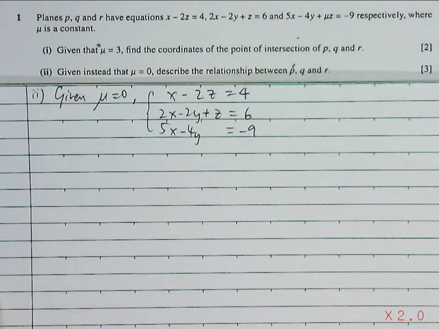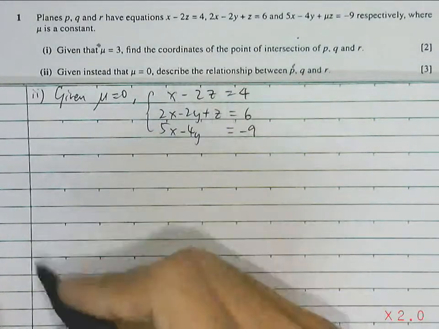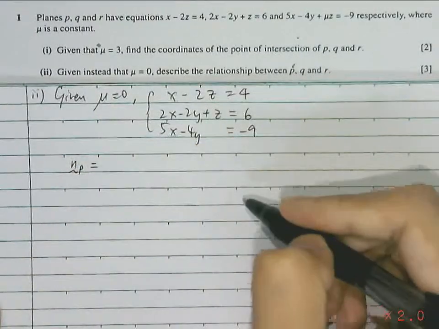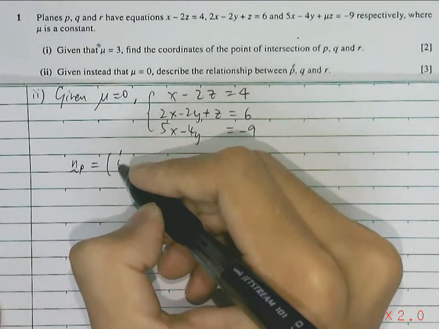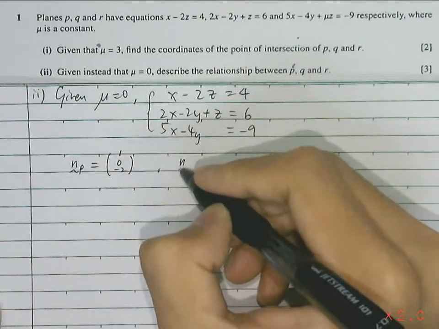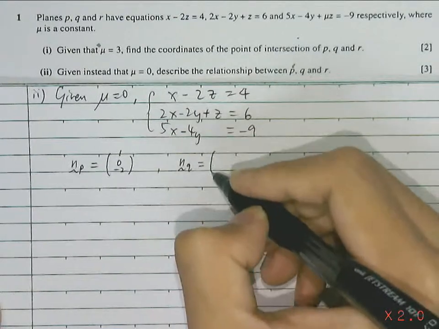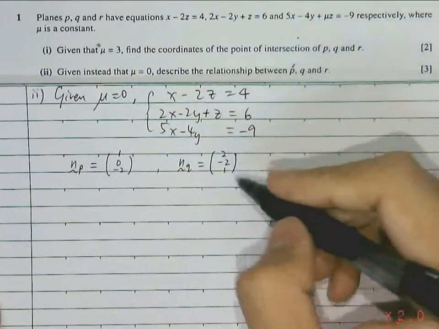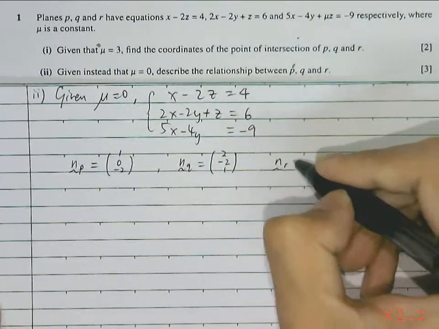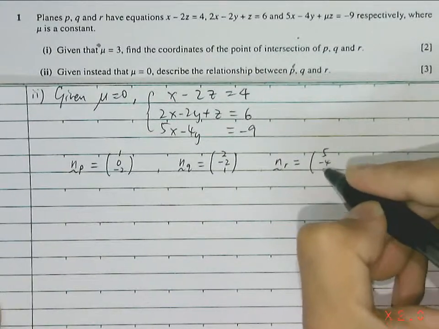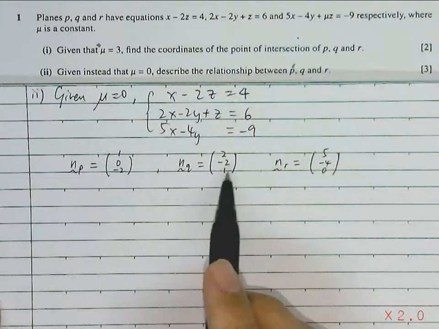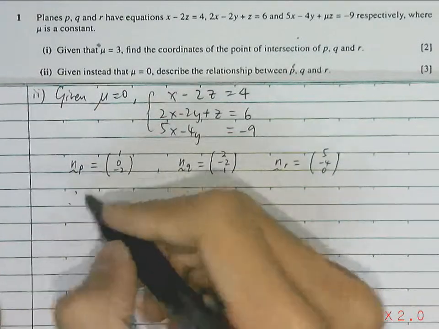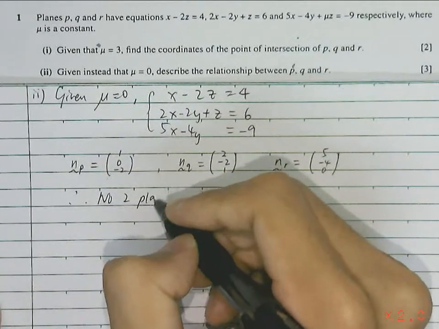Now if we notice, the normal for plane P is 1, 0, negative 2, while the normal for plane Q is 2, negative 2, 1, from taking the coefficients of x, y and z. And the normal of plane R is 5, negative 4 and 0. As we can see, none of them are scalar multiples of each other, so no 2 planes are parallel.